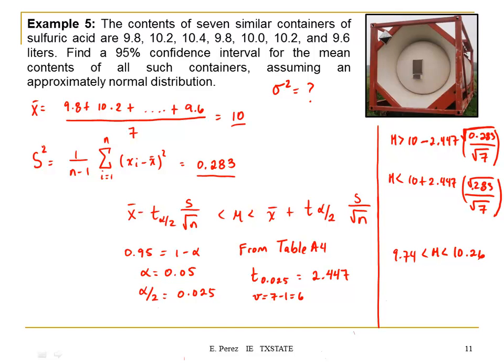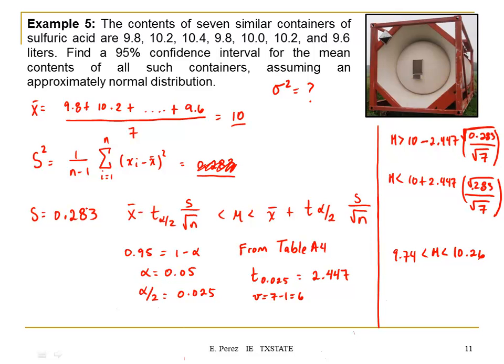So this should be S. I need to double check. So you found the standard deviation of the sample, and it was 0.283.